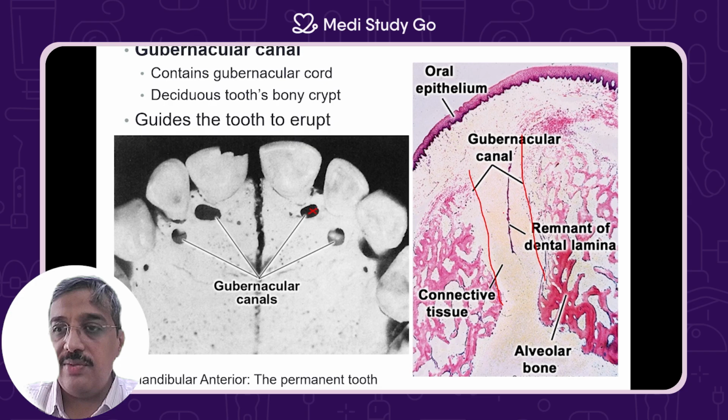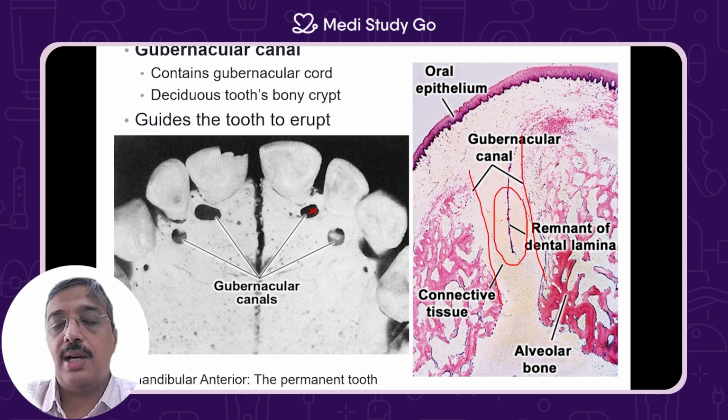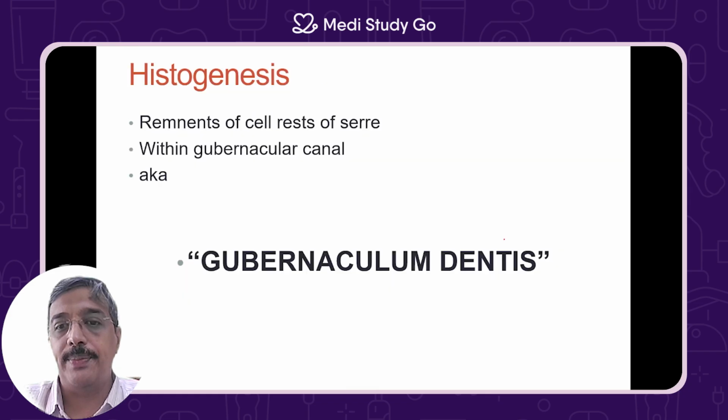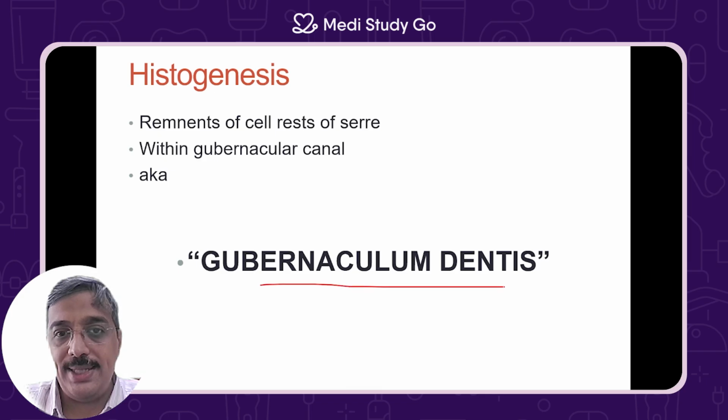This is the direction in which the permanent tooth can come out, and it's called the gubernacular canal. And you can see that there is some remnant of the dental lamina present inside this gubernacular canal. They speculate that adenomatoid odontogenic tumor originates from this particular remnant of dental lamina. And hence, the element is called gubernaculum dentis, hence the name hamartomatous proliferation.